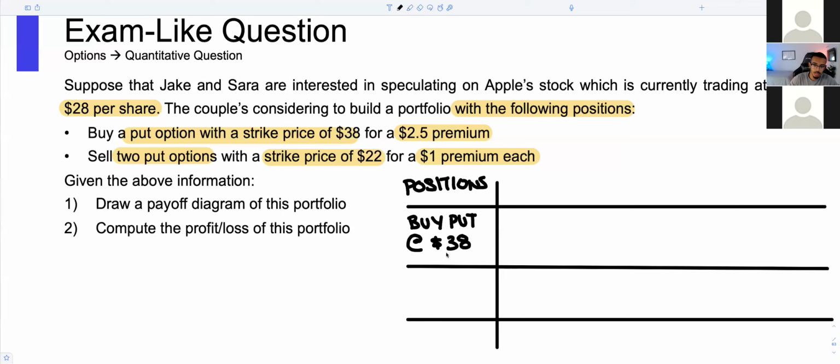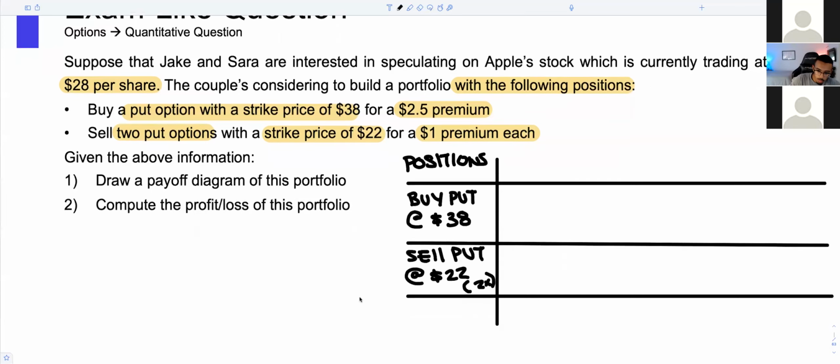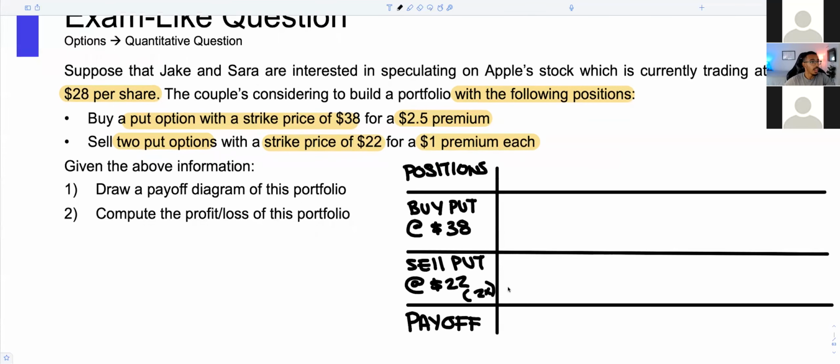Then we're going to have sell put at $22 two times, twice. And then at the bottom, we're going to write our payoff. That's the first step. You just want to write your positions. That's really the only thing you've got to do.